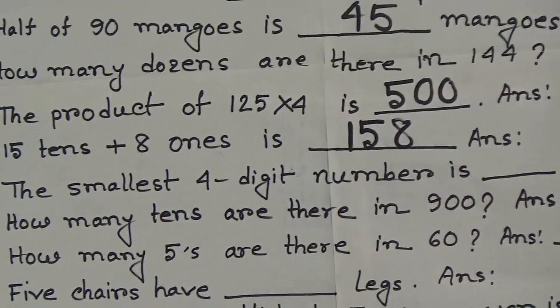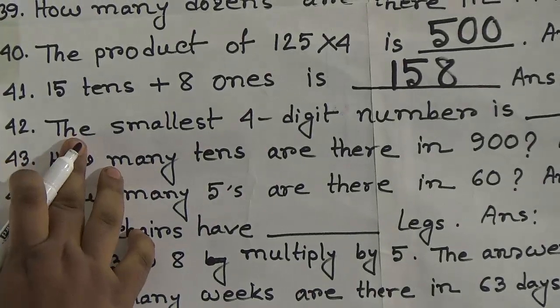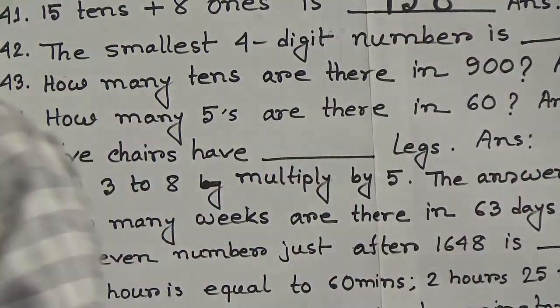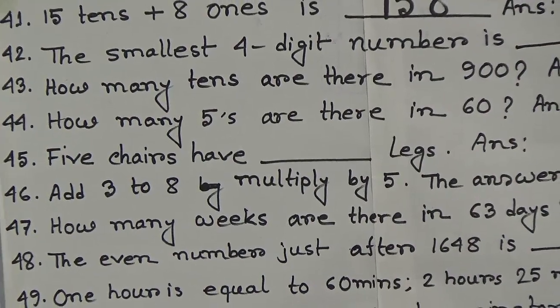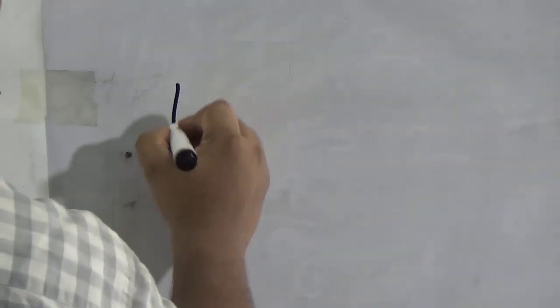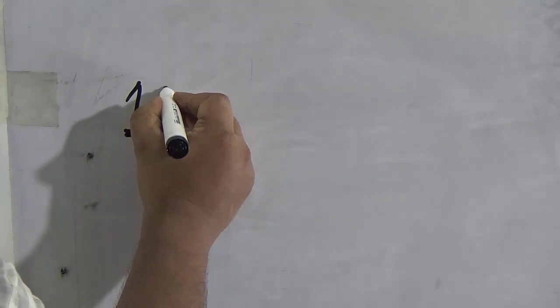Our next question. The smallest 4-digit number is what? Students, the smallest number will start from 1, and for a 4-digit number, 1 digit is done. In order to make the smallest number, then we need to take 0.